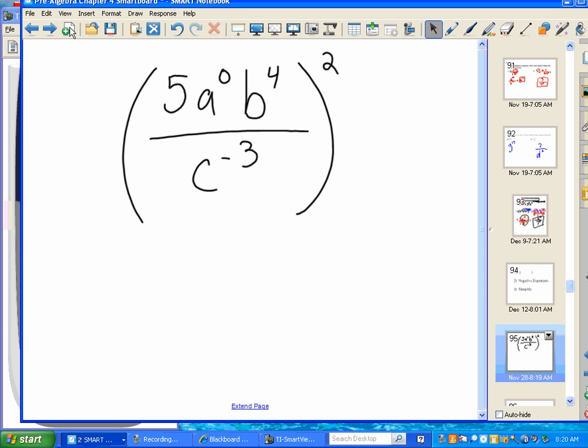Much better. Oh, wait a second. Anything to the 0 power is what? Yes, that shouldn't be there. Hold on 1 second. What is that? Why is that a 0?